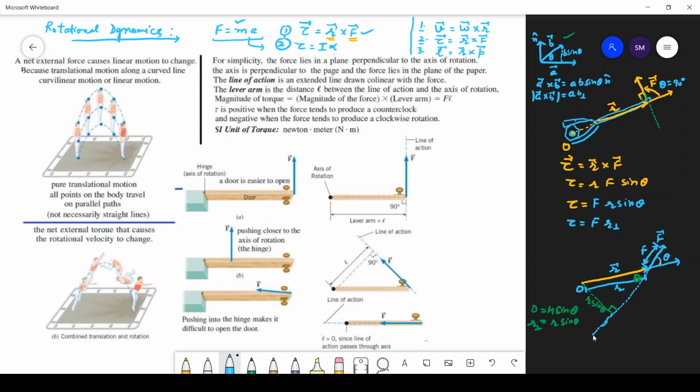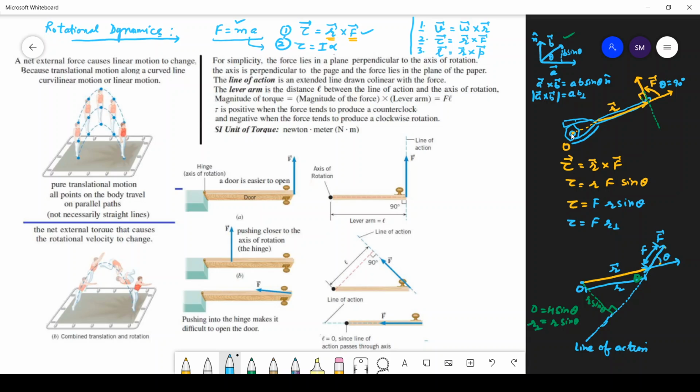This is what we call line of action. So from the axis of rotation, taking it as origin, you have to draw a perpendicular on the line of action. This is what you need to do.